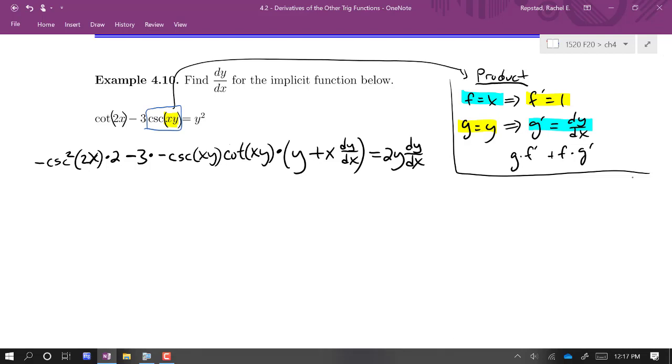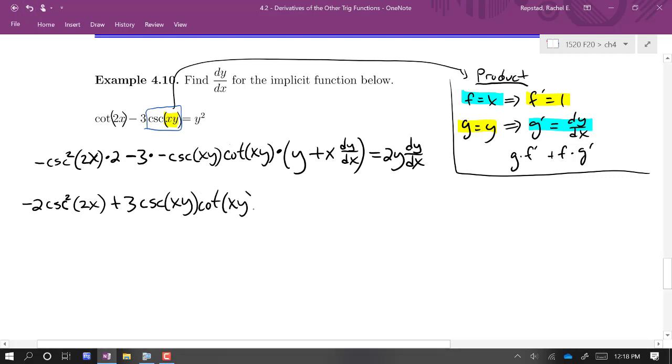I'm going to clean it up a little bit before we start the process to solve for dy/dx. So we have a minus 2 cosecant squared 2x, and then this is a plus 3 cosecant xy cotan xy times y plus x dy/dx equals 2y dy/dx.